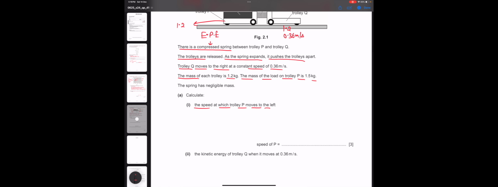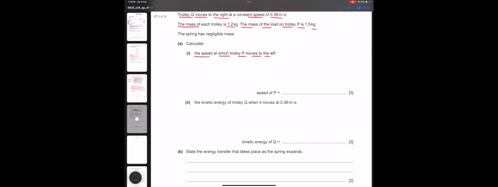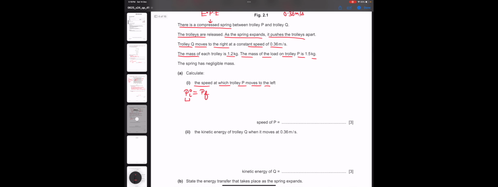Now, this is a question of momentum conservation. Initial momentum will be equal to final momentum, right? And initial momentum we will take when the spring did not start to expand. So then initial momentum, everyone was at rest, so initial momentum was 0.